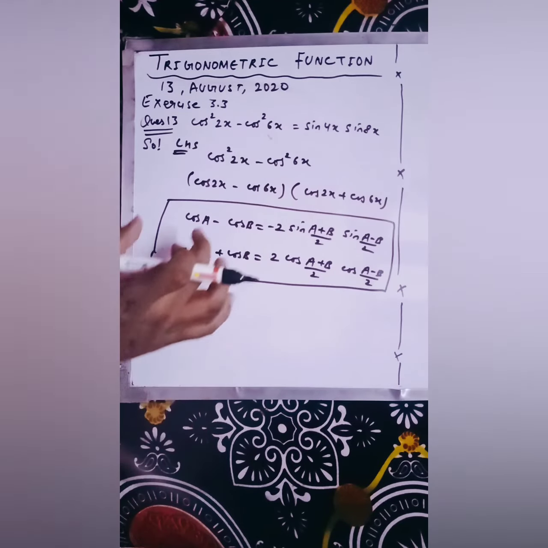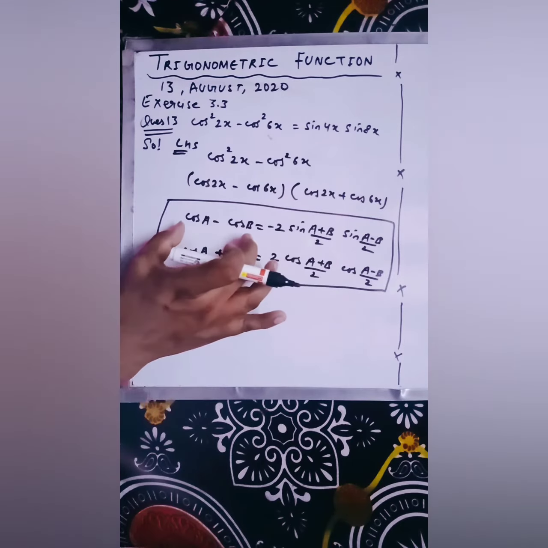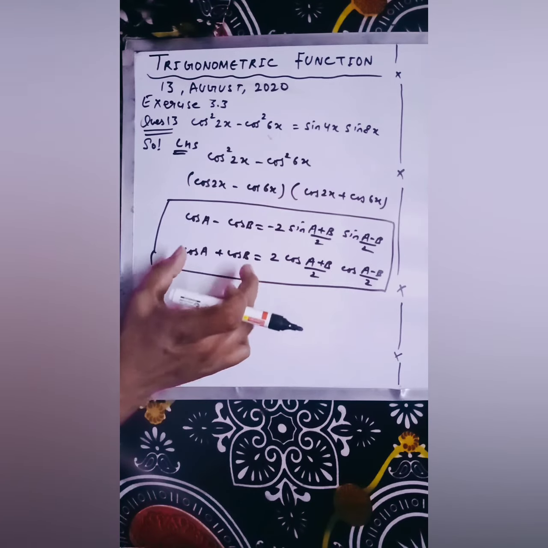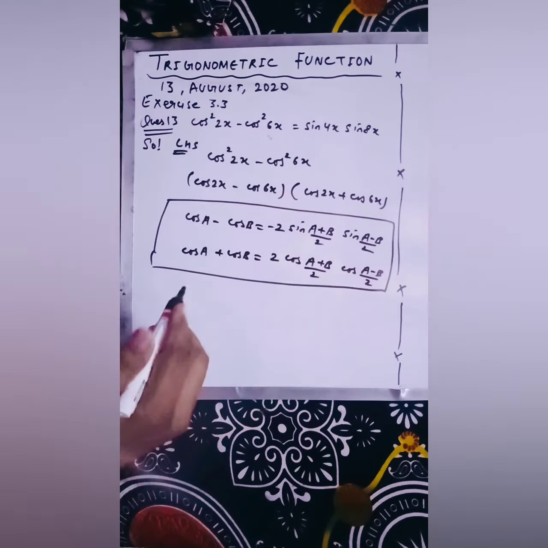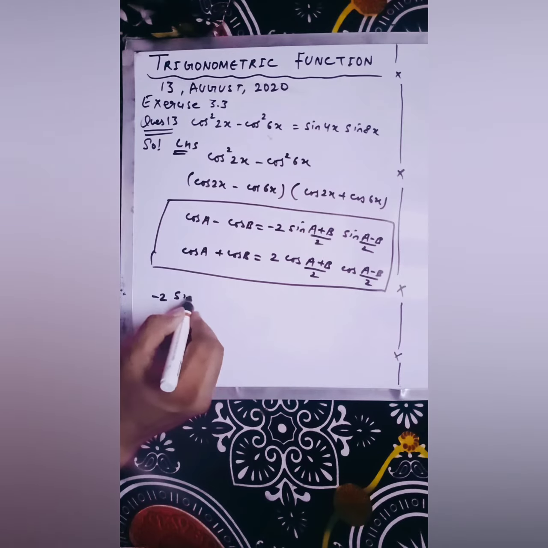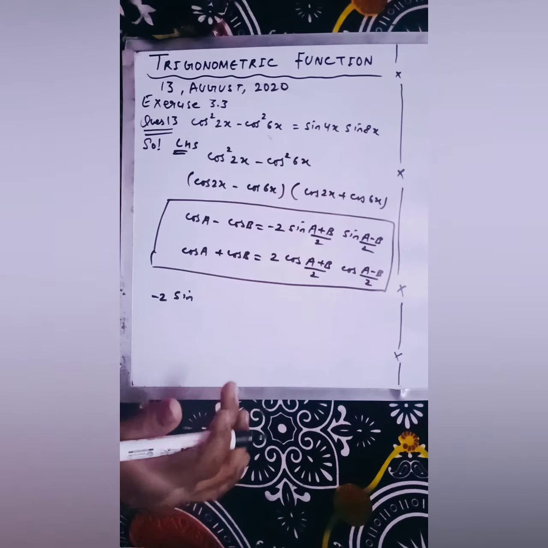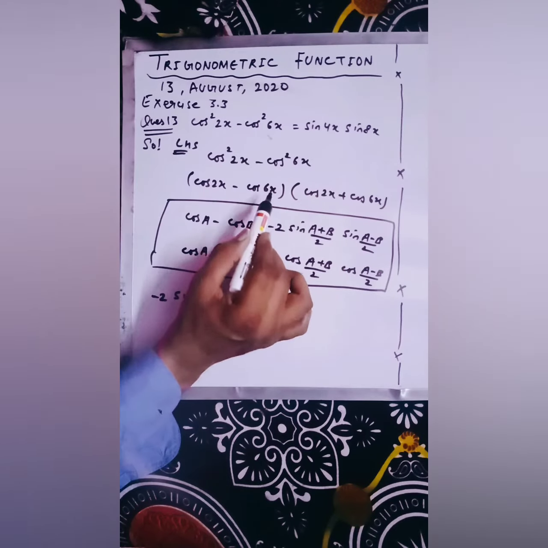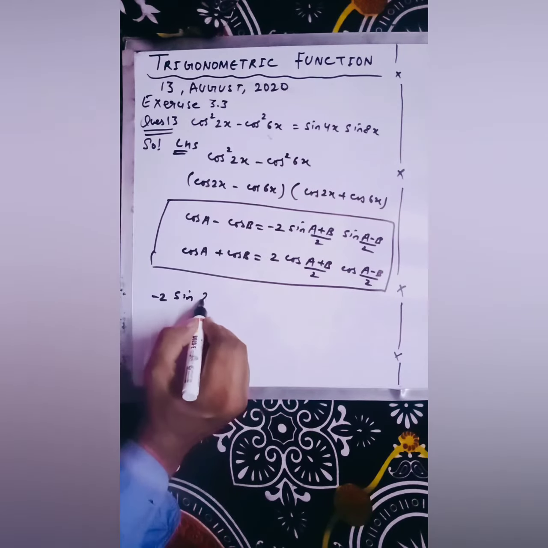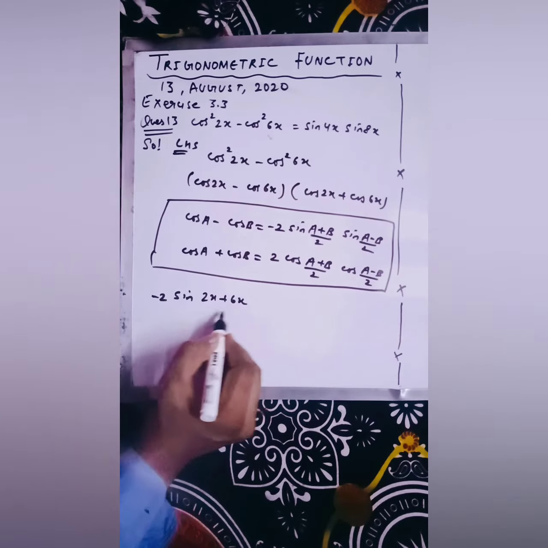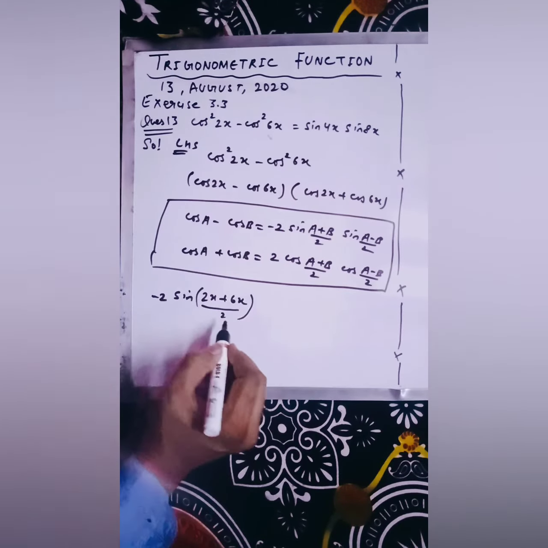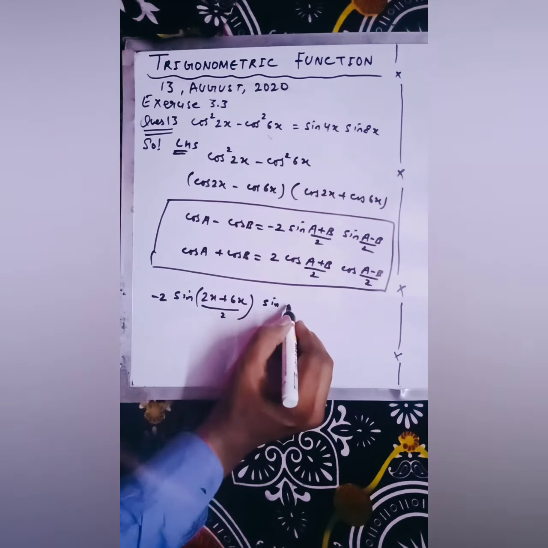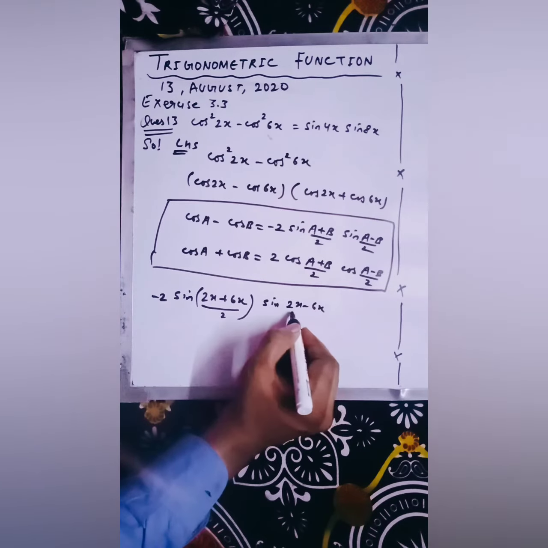These are the two general formulas which you have to use in this question. In place of this I will use this formula, and in place of this I will use this formula. So you will use minus 2 sine (a plus b)/2. What is your a? Your a is 2x, your b is 6x. So a plus b means 2x plus 6x whole upon 2. Now sine (a minus b)/2, that means 2x minus 6x whole upon 2.